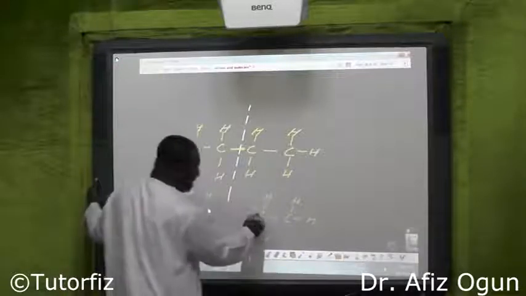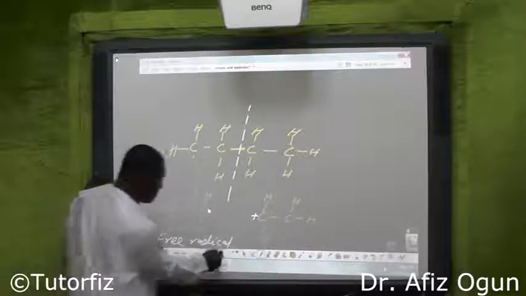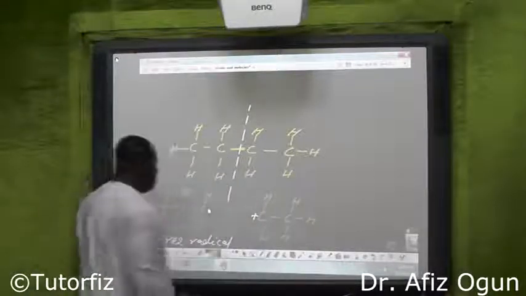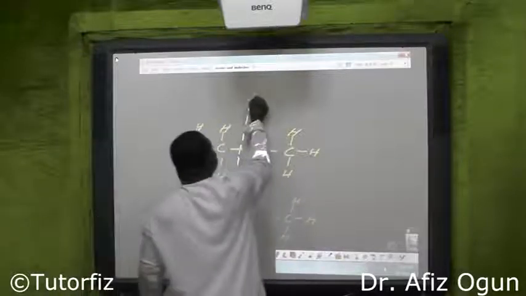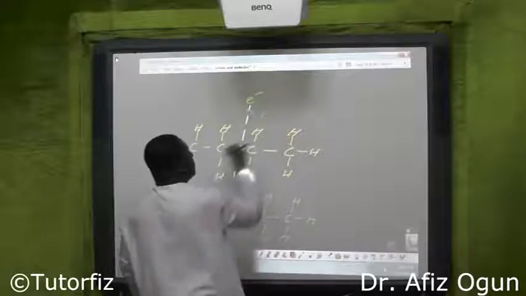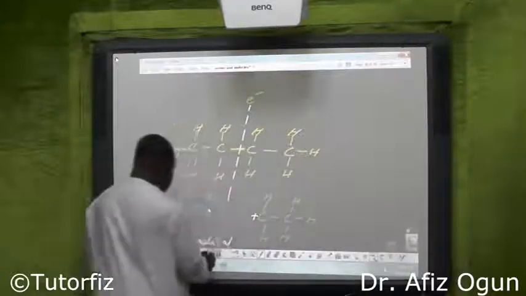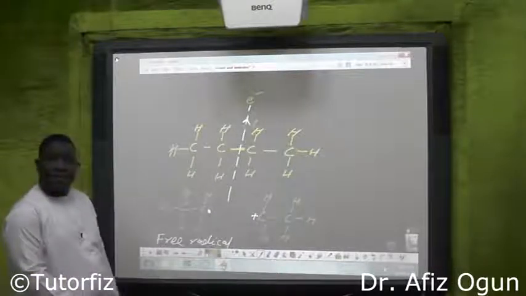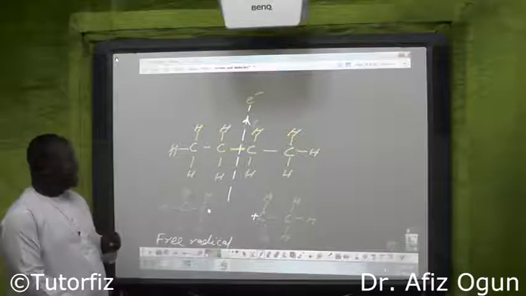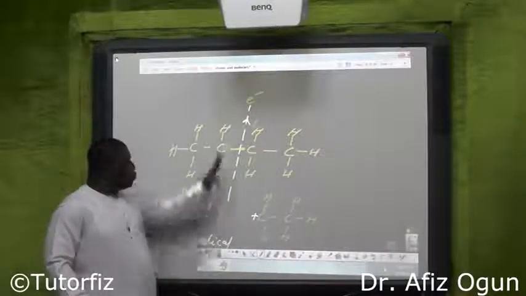And this then lacks an electron. It becomes positively charged. Again, if it breaks here, one of the electrons goes away with the breaking, because one bond is made up of 2 electrons, and the other electron remains with one of these.